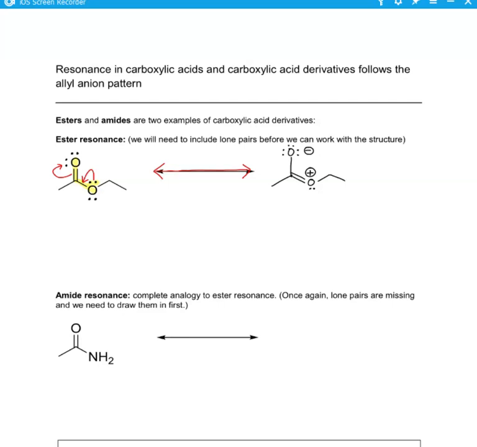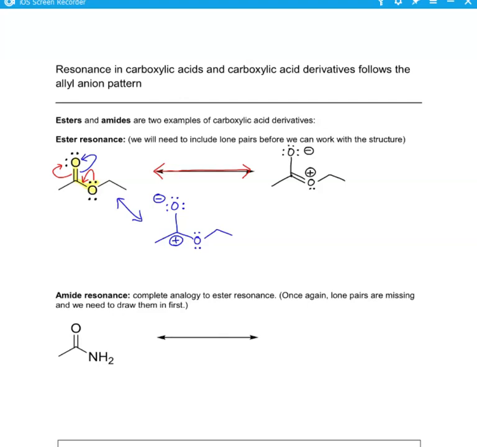Since there's a carbonyl in this, we could have just done the simple move that we started out with formaldehyde, which is this one. So I'm using a different color to show what we would get to if we started that way.